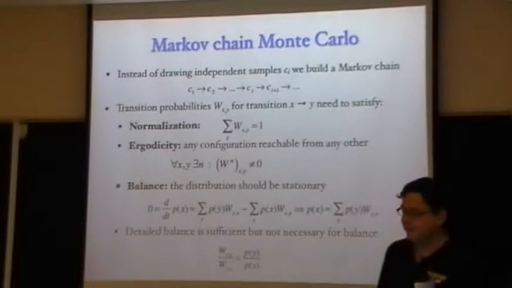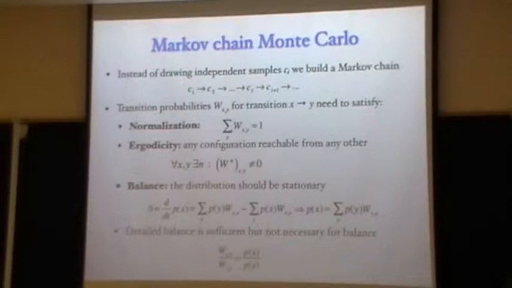Now, how does the method work? Let's go a bit slower here. So basically, the idea is that instead of drawing random configurations from scratch, we make a Markov chain. That means we make a chain of configurations where we always make only a small change.